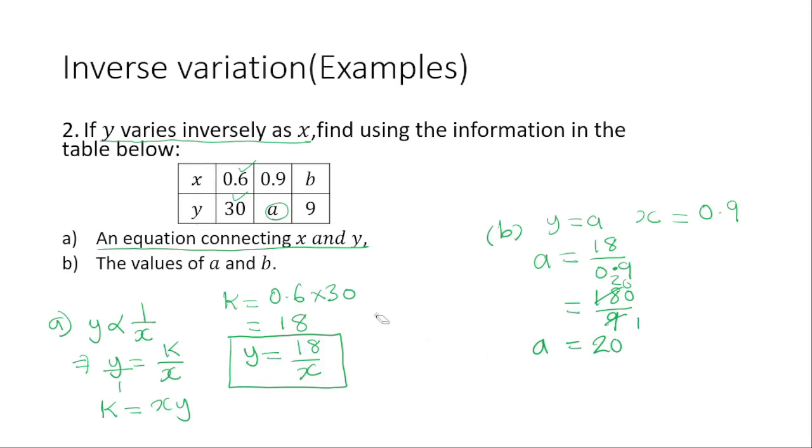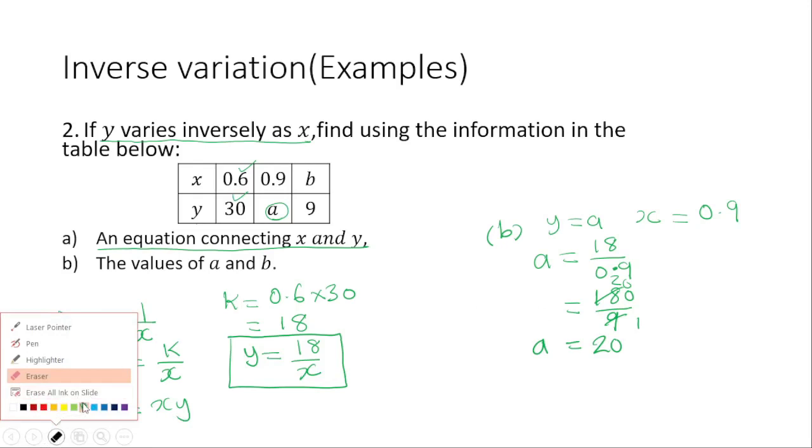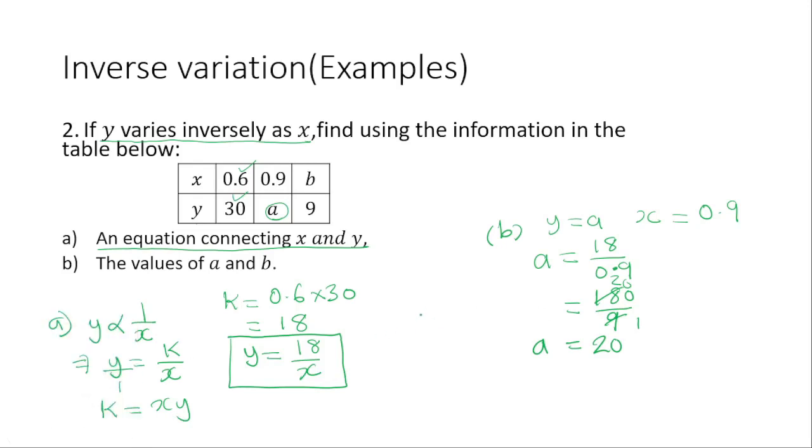The value of b. When x is equal to b, y will be 9. So we substitute these values in the equation. Where there is y, we put a 9. Where there is x, we are going to put a b.